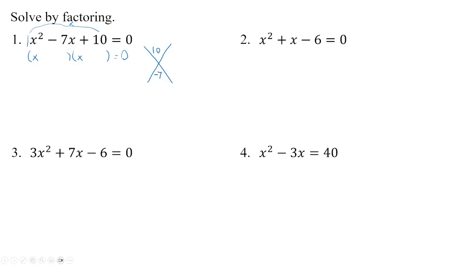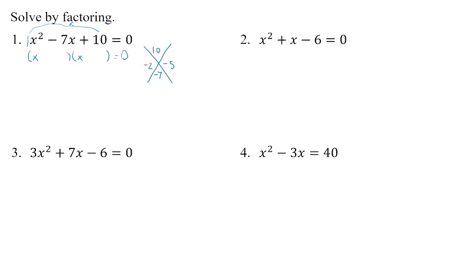Now you're looking for two numbers that you multiply to get 10 and add to get negative 7. And those two numbers are negative 2 and negative 5. Negative 2 times negative 5 is 10, and negative 2 plus negative 5 is negative 7.